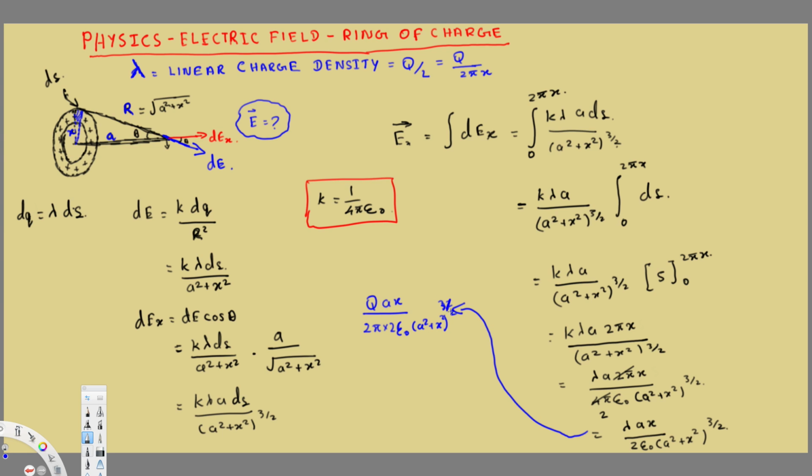and if you notice, we are getting 4 pi epsilon again. So 2 pi times 2 epsilon is 4 pi epsilon, and 1 over 4 pi epsilon is k. So we can write k on top. So this is going to be k q a.